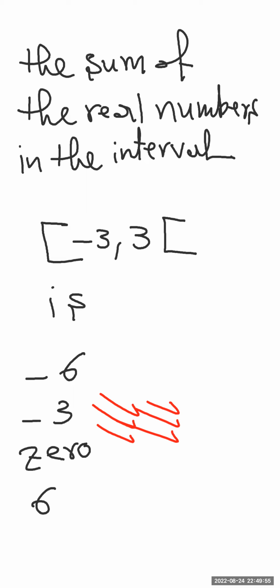But why do we choose -3? This interval consists of all real numbers from -3 till 3, but 3 is not included. So, concentrate well: you are here at -3, till here at 3, but 3 is not included, and this one is included.